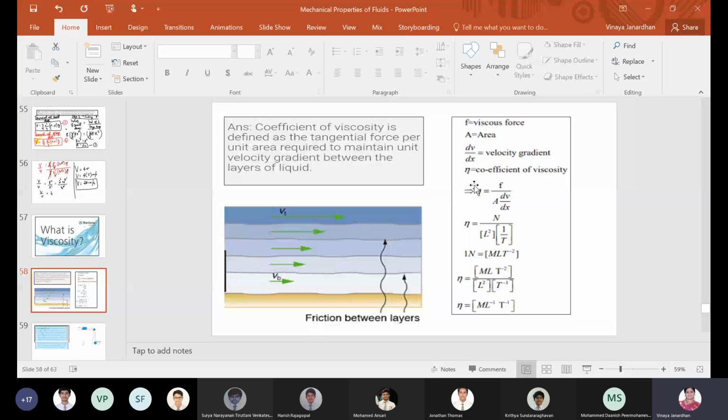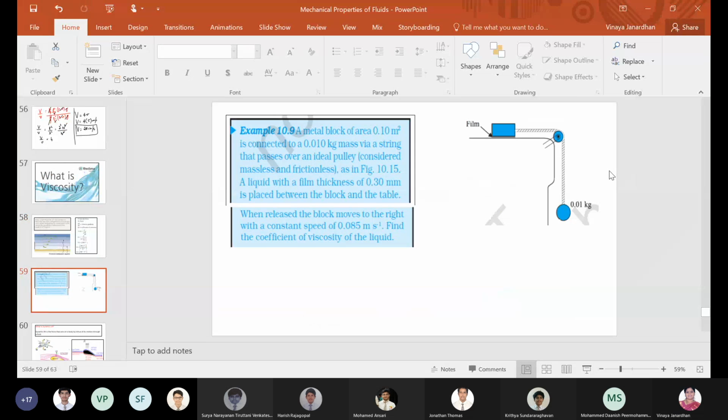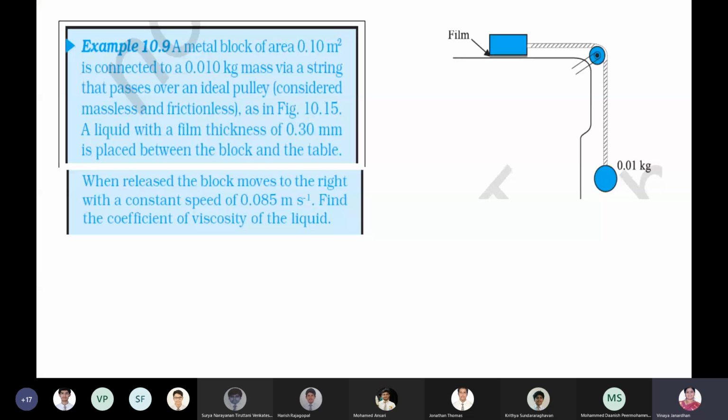You know what is the formula for coefficient of viscosity, right, boys? Now this is a textbook numerical. You have to think over it slightly and do it. Now look at the question.